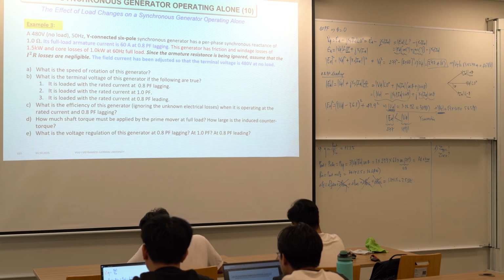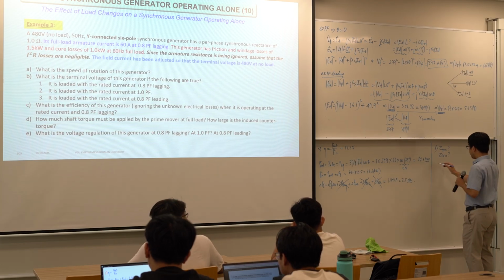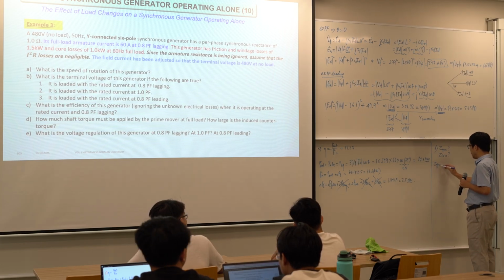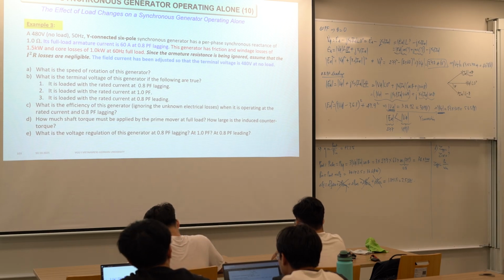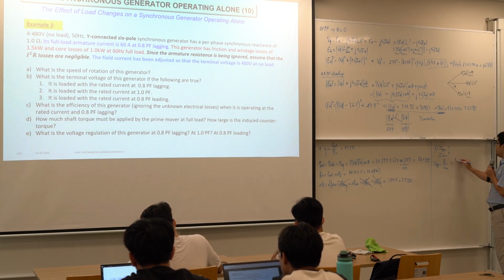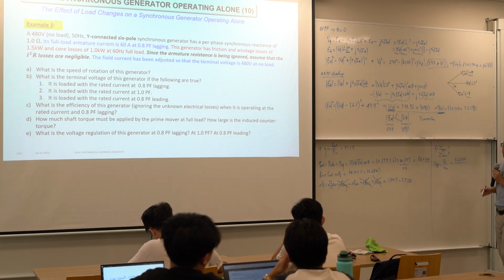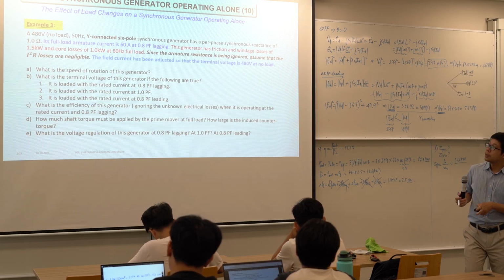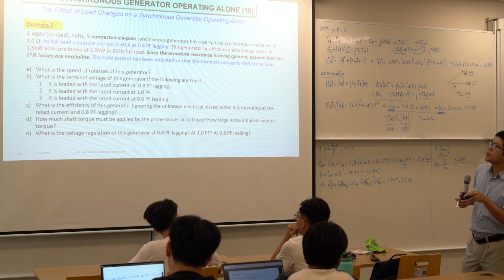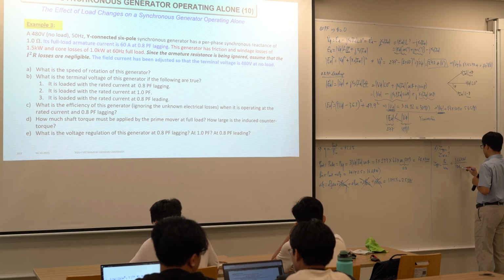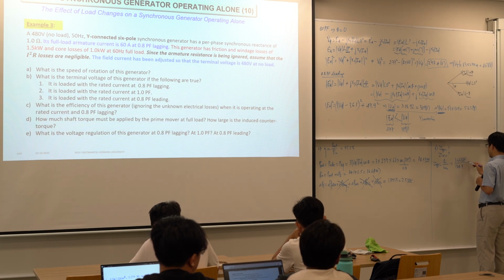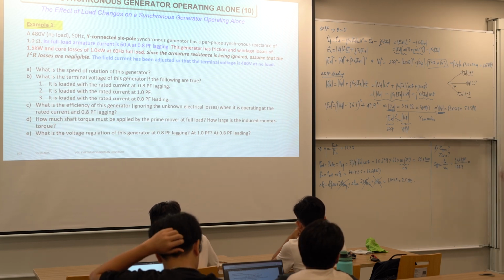So we know applied torque is P in over omega m. We have the formula. So P in now is 36.6 kilowatt. Omega m how many? We calculated before: 104.7. Remember this is kilowatt.